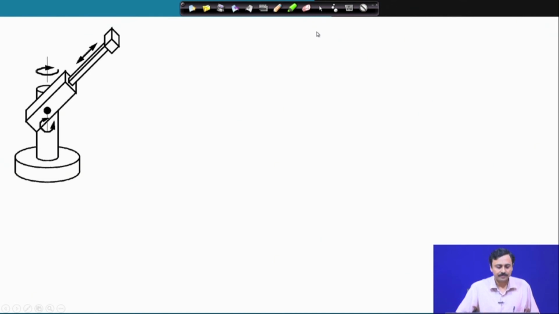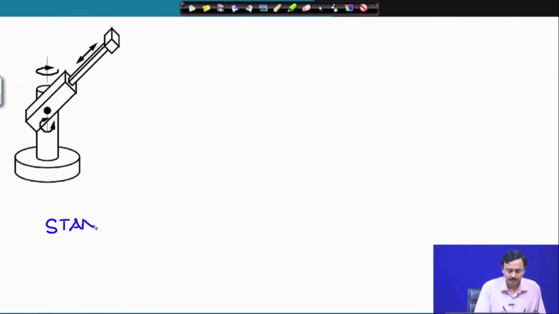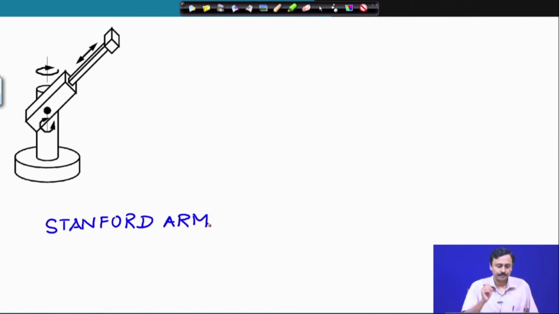Then we have this robotic mechanism. This is known as the Stanford Arm. Let us calculate the degree of freedom of this.